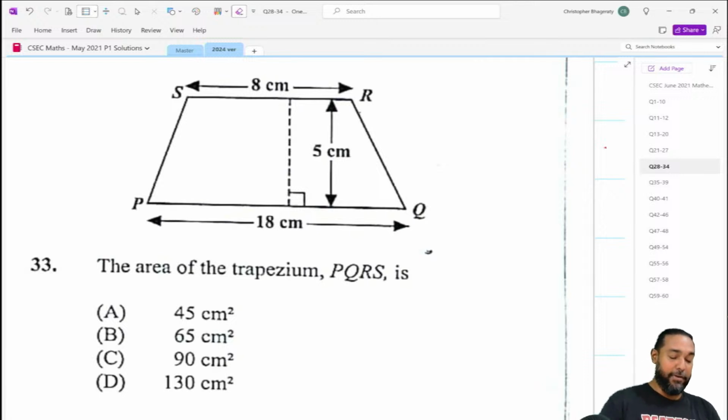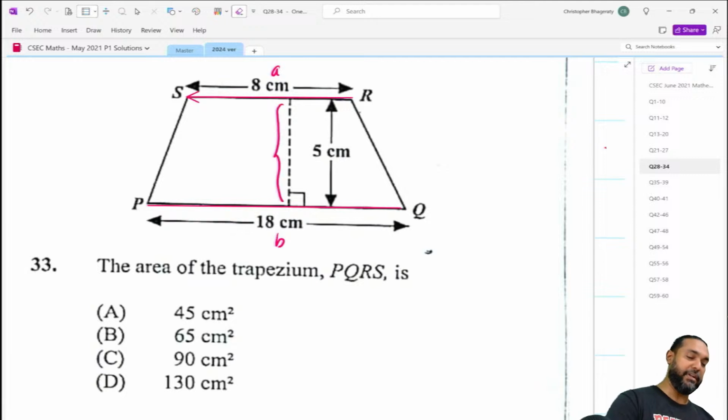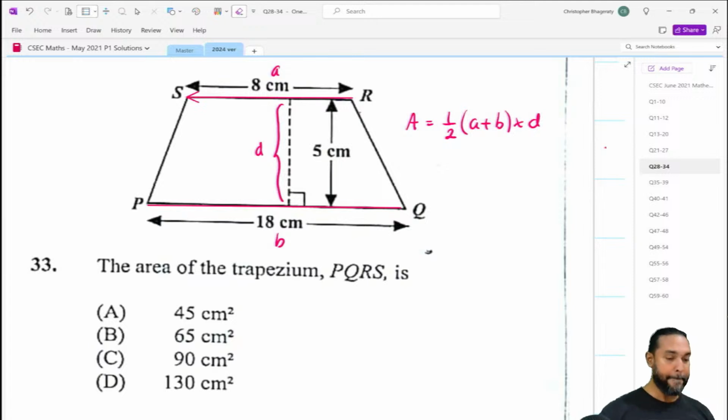The area of a trapezium. These two sides here, SR and PQ, are the two parallel sides in the trapezium. Let's call them A and B. This perpendicular distance we'll call D. The area of a trapezium is 1/2 of the sum of the parallel sides multiplied by the perpendicular distance between them.